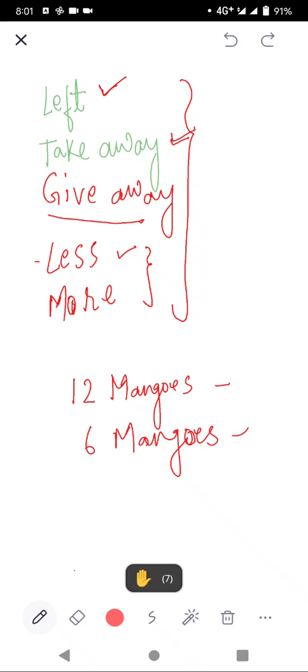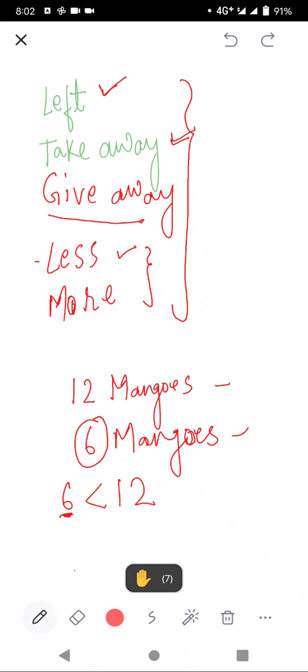So who is having fewer mangoes? We know that 6 is less than 12, so it means the 6 mangoes are less than 12 mangoes. It means my friend is having fewer mangoes than me.